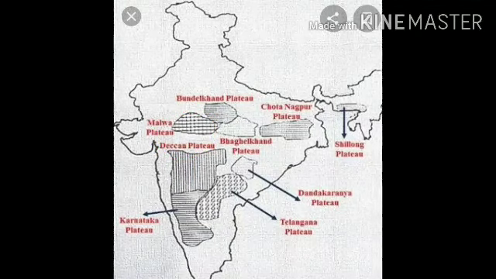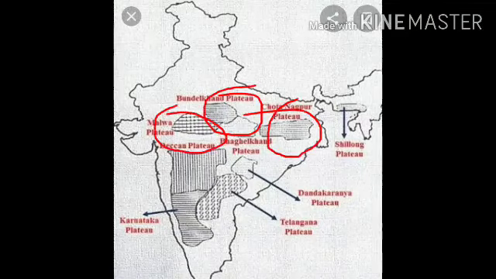The central part, east of Malwa Plateau, is the area of Bundelkhand and Baghelkhand, and the eastmost area of Central Highland is known as Chota Nagpur Plateau.